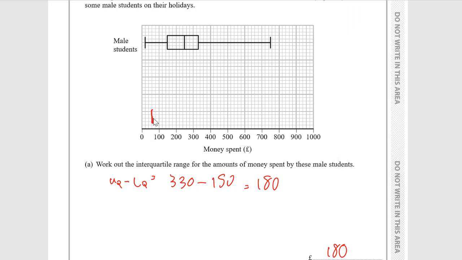Then we've got 180 as a lower quartile, which is about here. Should cross the line. And then we've got median 300, and then upper quartile 350, something like this.